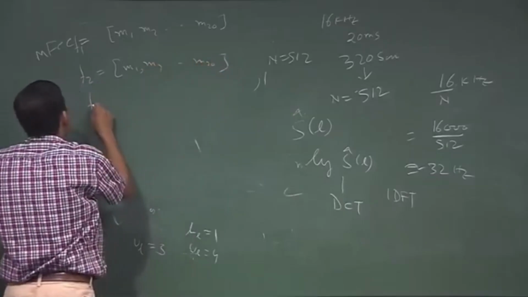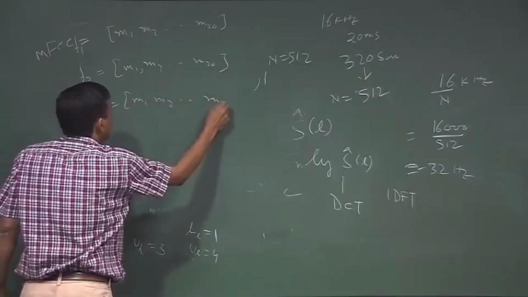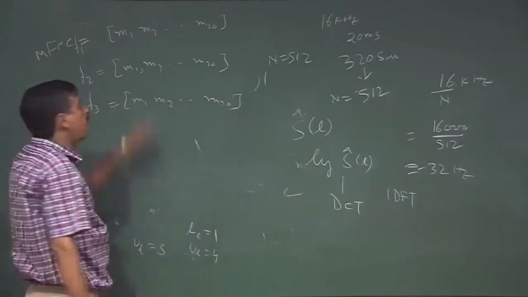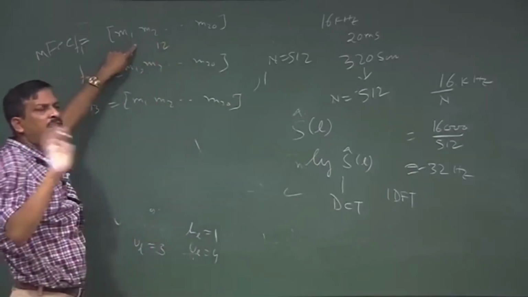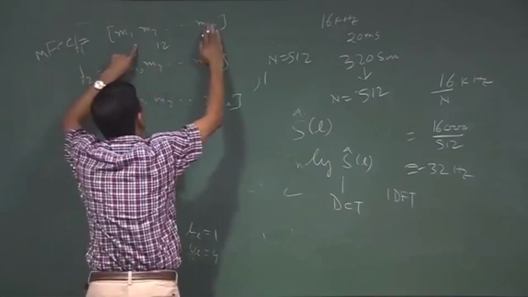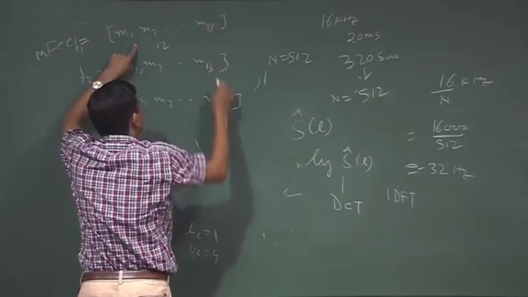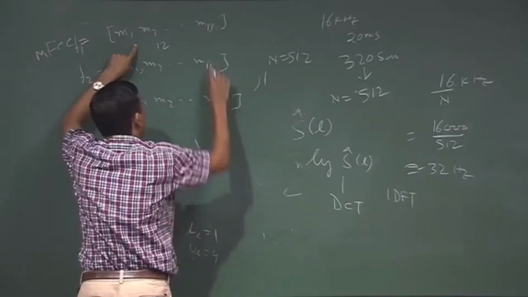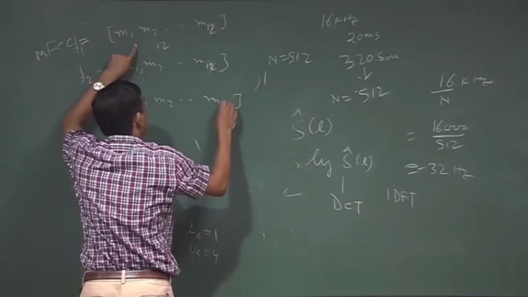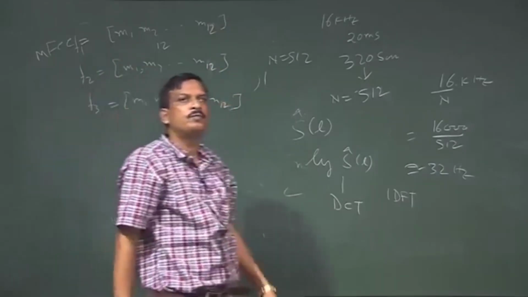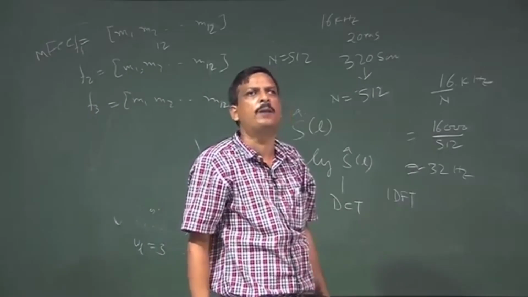I can calculate for frame 3, M1, M2, dot, M20. It is said that out of the 20, taking 12 to 13 is sufficient. So, instead of 20 I can take M13, or let us take 12. Okay. MFCC for frame 1, frame 2, frame 3.